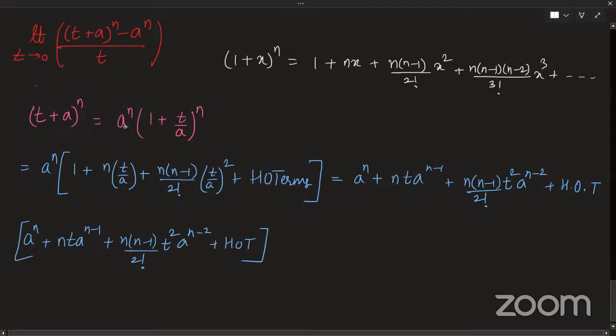And I have minus a raised to n, whole divided by t, and my limit t is tending to 0.